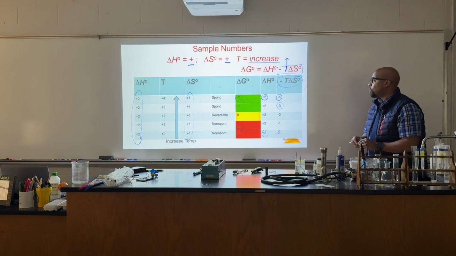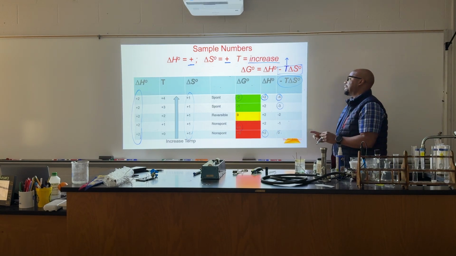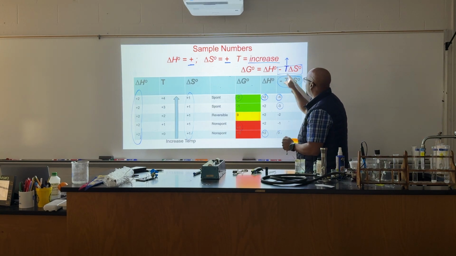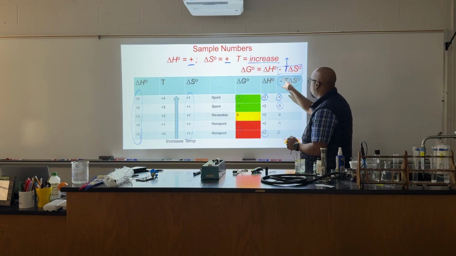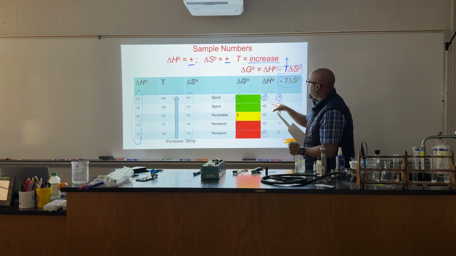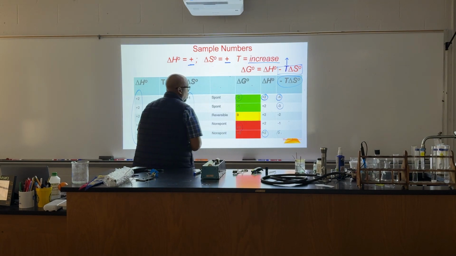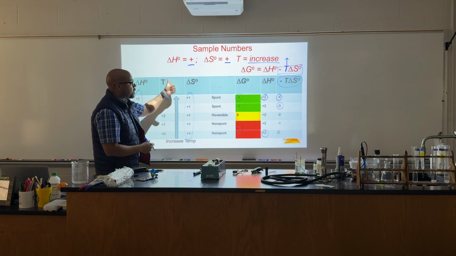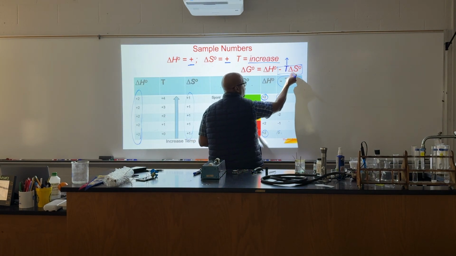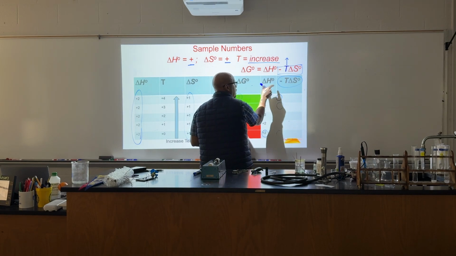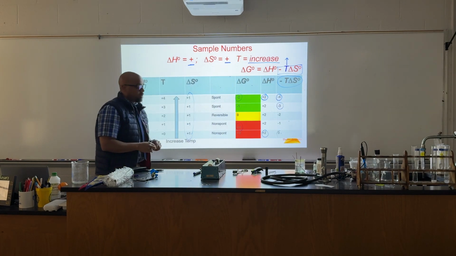It's also going to illustrate that as the temperature increases, this part of the expression becomes more negative, and it beats out the positive part of the delta H. And that's always going to be the case, so long as I can raise my temperature high enough to force this part of the expression to be greater than this part of the expression sitting right here.